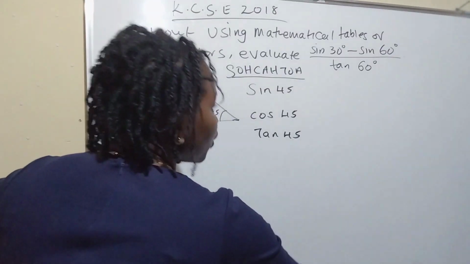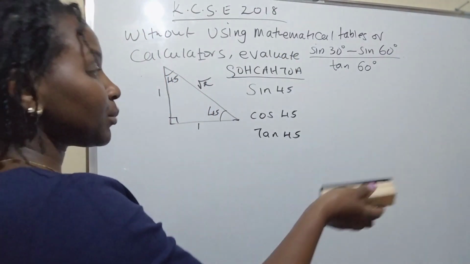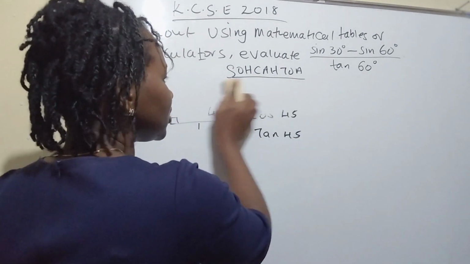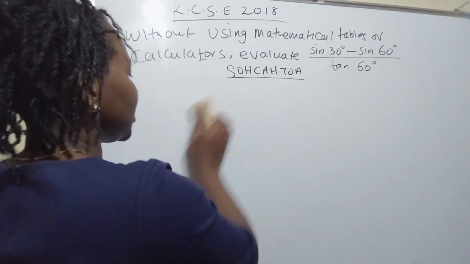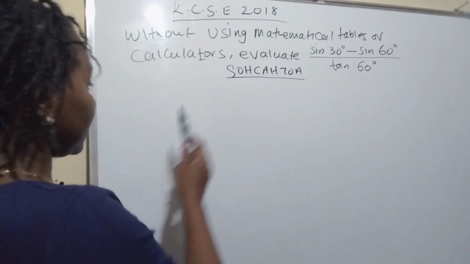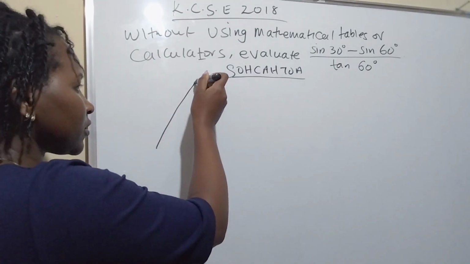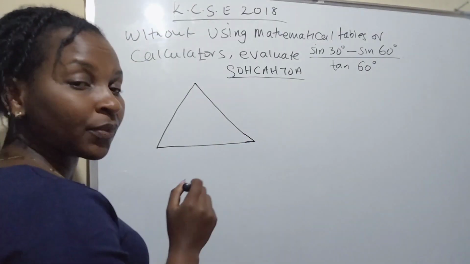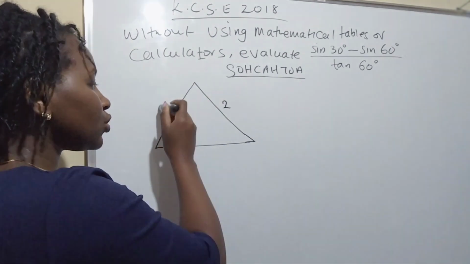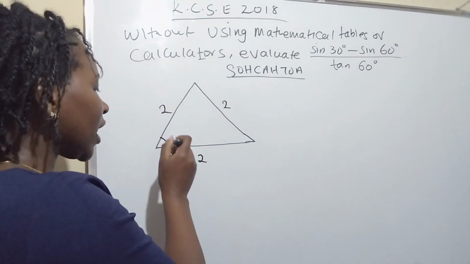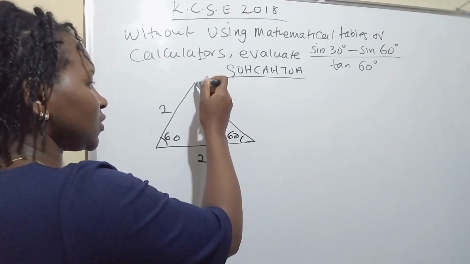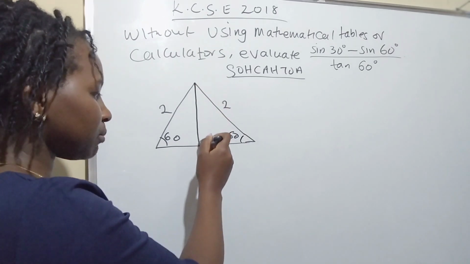But now I'm going to use the second type of the special triangle, and that is the equilateral triangle. I'll demonstrate it here. So we have each side being 2 and all angles are 60. This one is also 60, but now you can split it into 2.